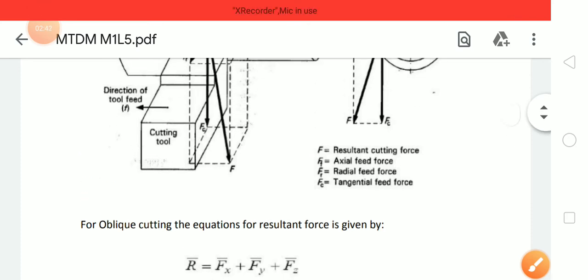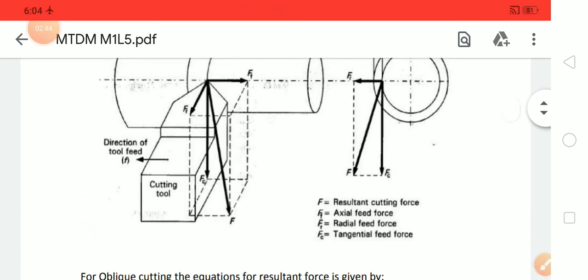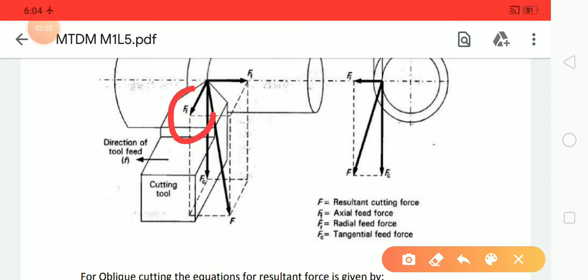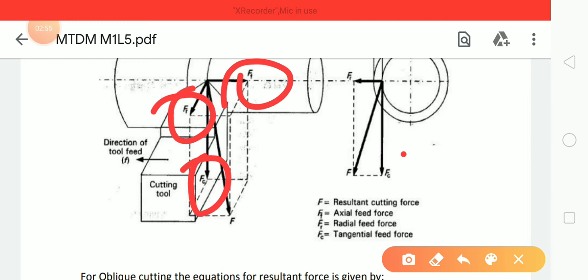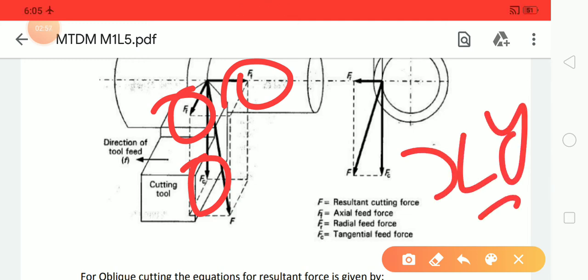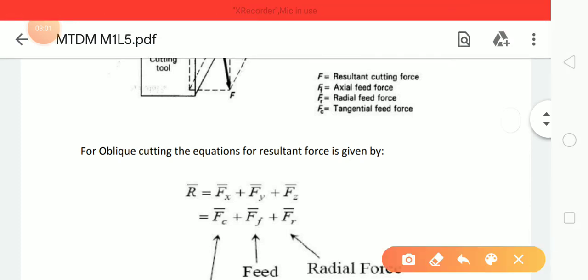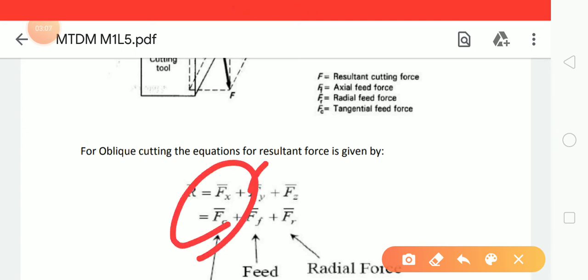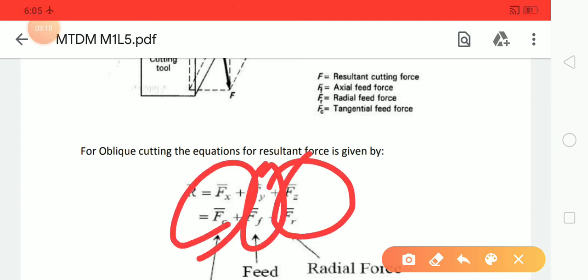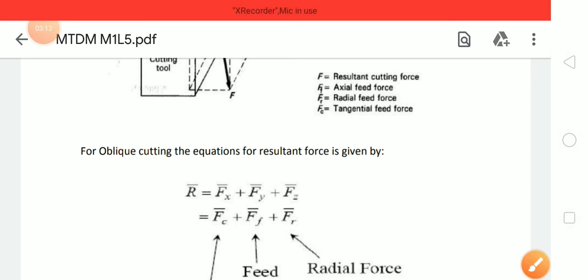You can see that Fr, Ff and Fc, sorry, it's not Ft, it's Fr, are in three different directions, that is X, Y and Z. So we can write these forces as Fx, Fy and Fz. Now Fx is equal to Fc, Fy is equal to Ff and Fz is equal to Fr. That is for oblique cutting.